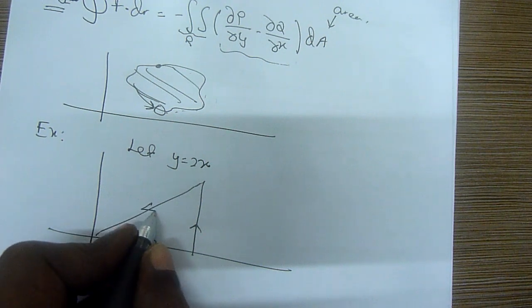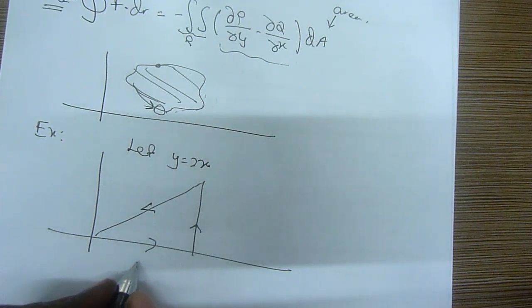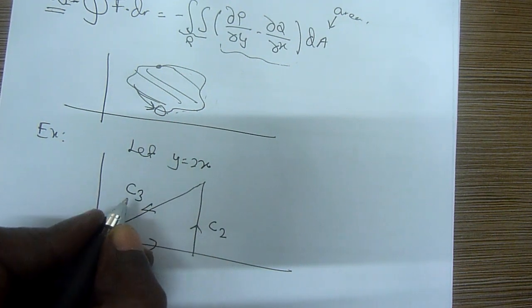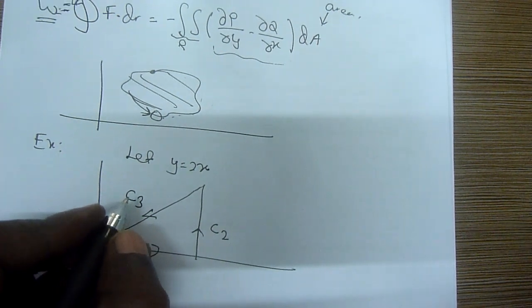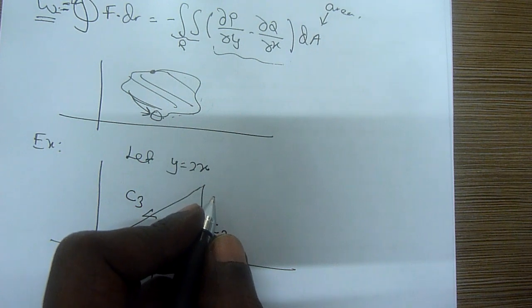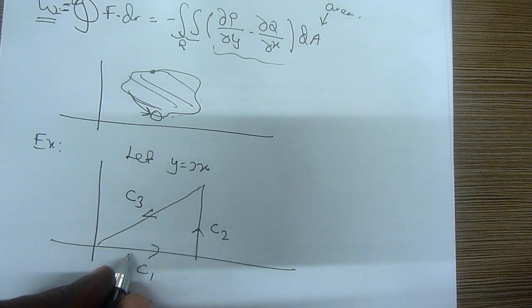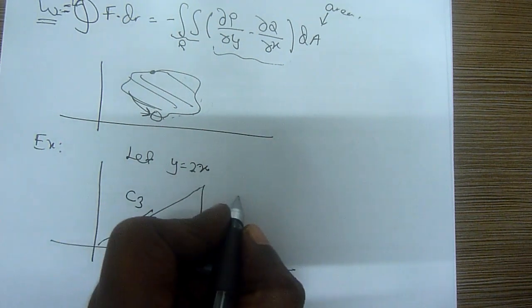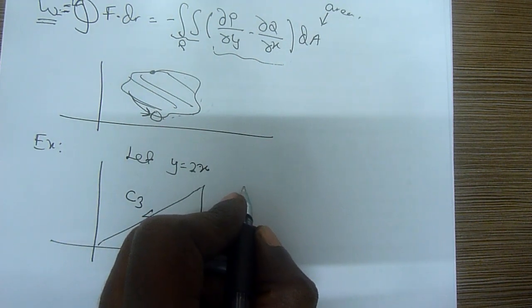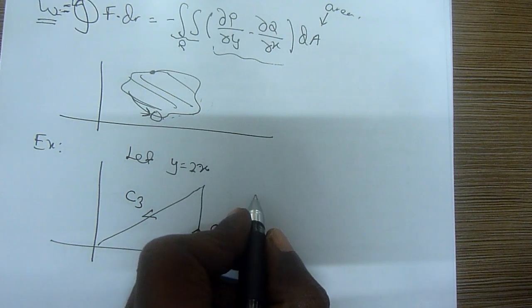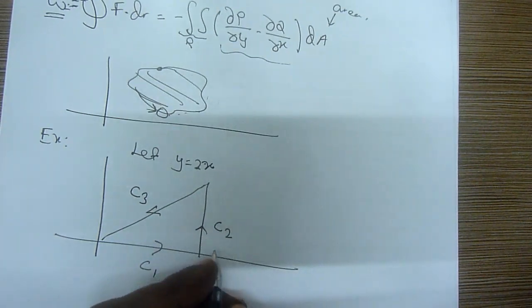Let me sketch this. This is a closed loop, C1, C2, C3, and we know this is not conservative. We can prove whether it is conservative or not based on the logic that we are trying to say.